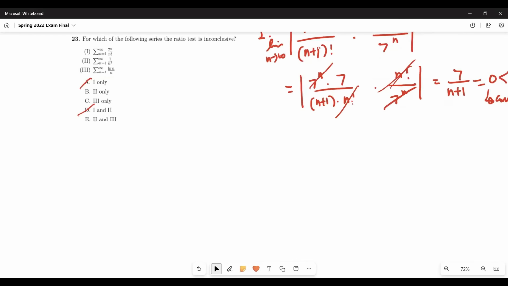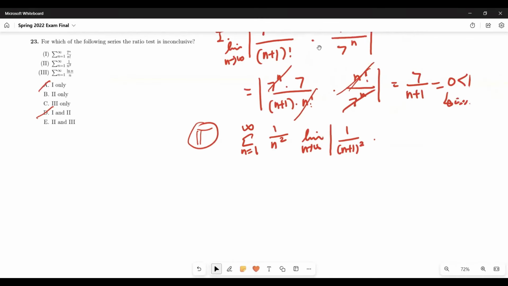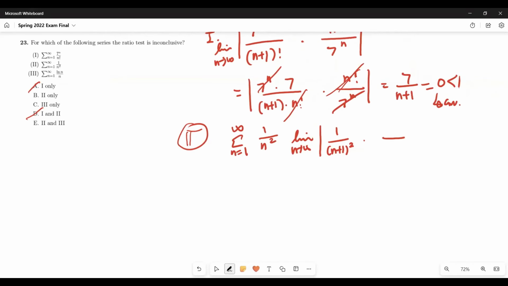Okay, let's try number 2. So this is the sum from n equals 1 to infinity of 1 over n squared. So the limit as n goes to infinity of 1 over (n+1) squared, divided by 1 over n squared, multiplied by the reciprocal, so n squared over 1.